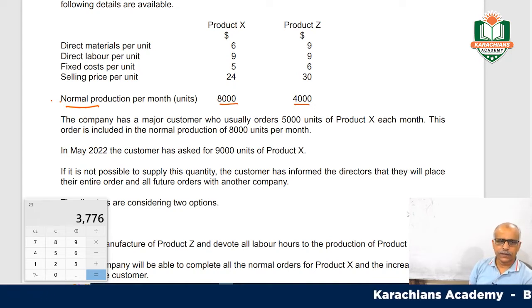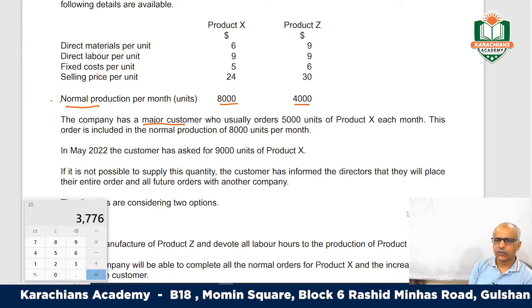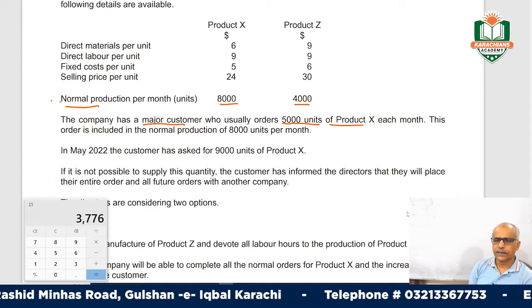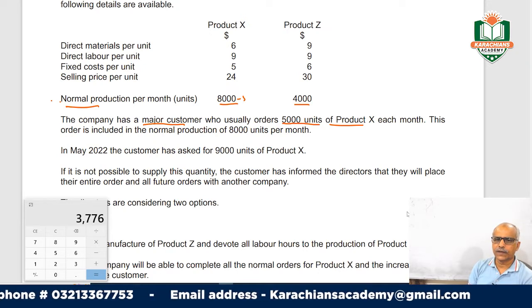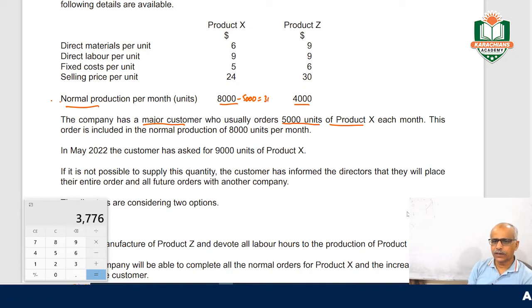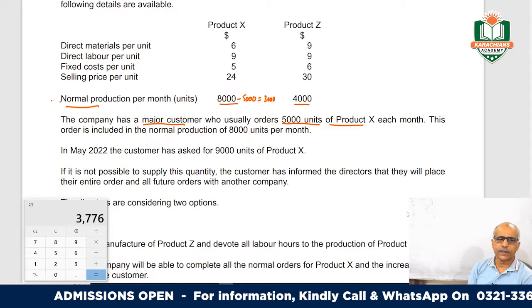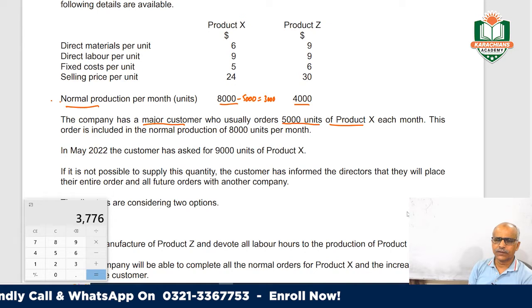There is a major customer who usually orders 5,000 units of product X each month. It means from this 8,000, 5,000 is for the major customer, and the remaining 3,000 are sold to other customers. This order is included in the normal production of 8,000 units, right?